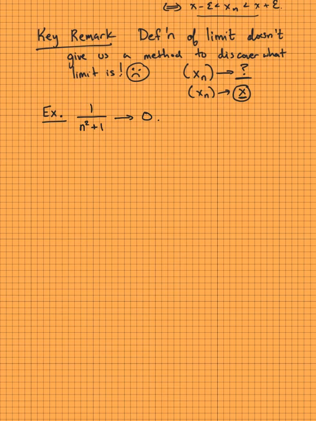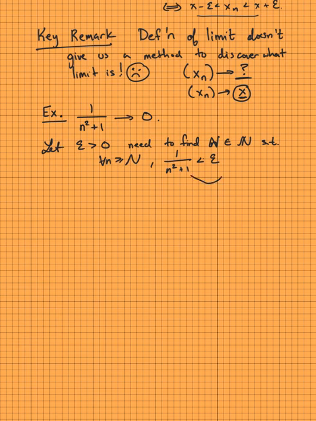So let's do this. We're going to let epsilon be larger than 0. And we need to find an N in the naturals so that for all n bigger than N, 1 over n squared plus 1 is less than epsilon.